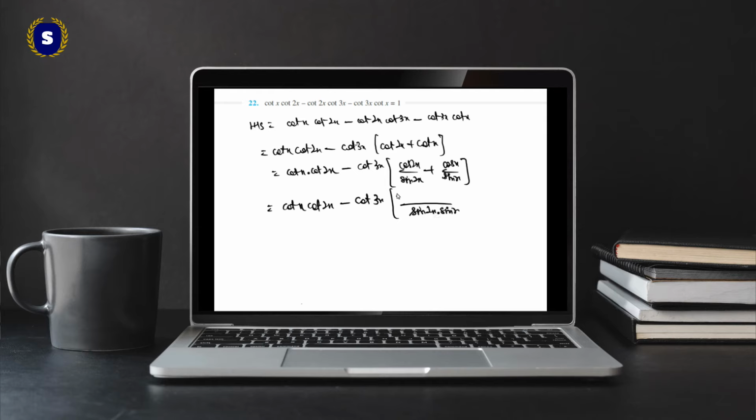This will become sin x cos 2x plus cos x sin 2x. Right? This is the identity of sin a plus b: sin a cos b plus cos a sin b. So let's use that identity.